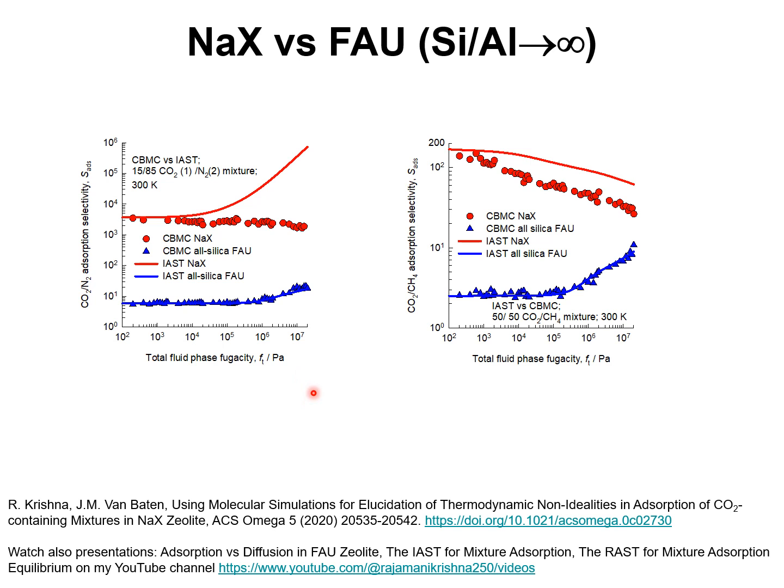To emphasize this point even further, we compare the CO2 nitrogen adsorption selectivity for 15-85 mixtures in NaX, shown by these red circles, and the blue triangles are for the adsorption selectivity in all silica FAU. The IAST calculations are shown by the continuous lines.